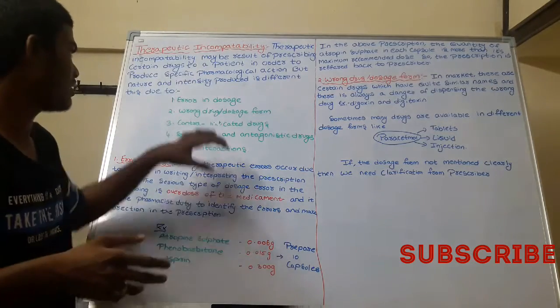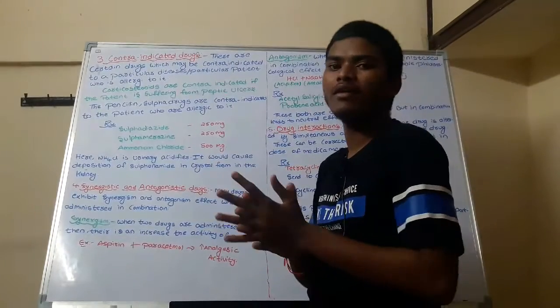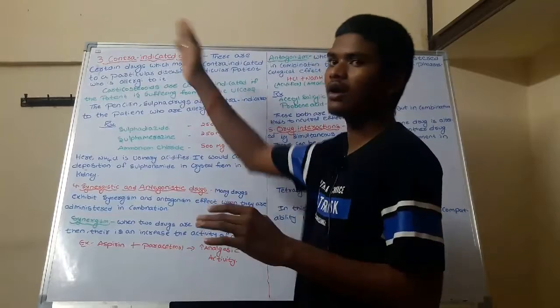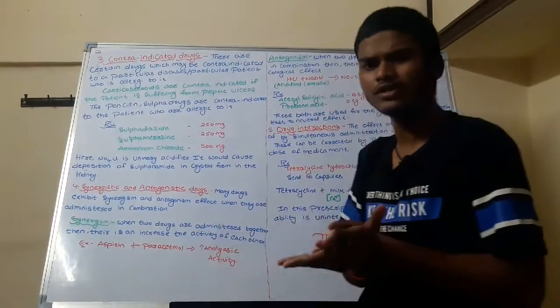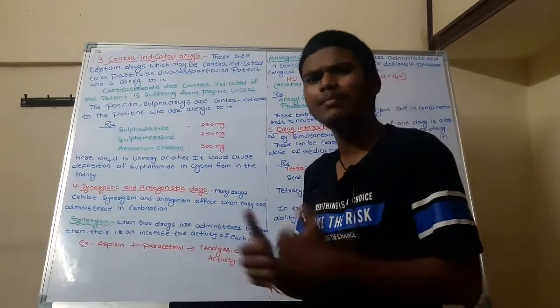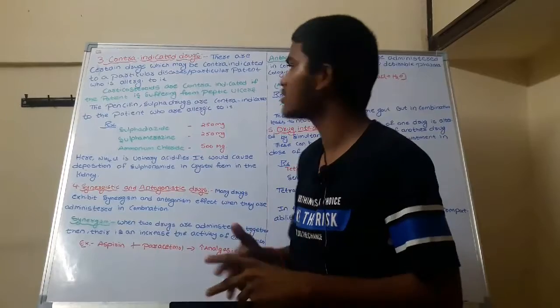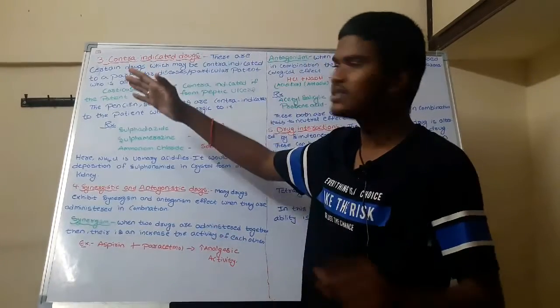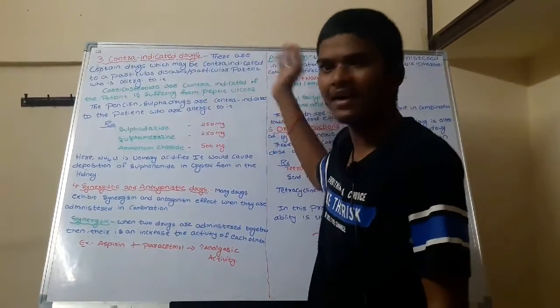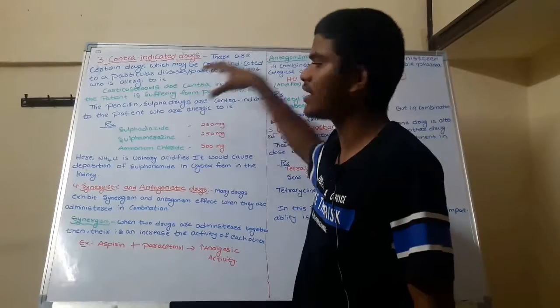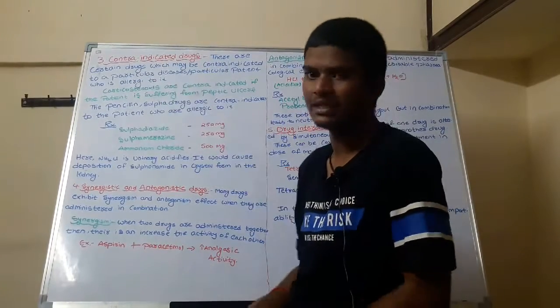Next, the third type of incompatibility is due to contraindicated drugs. What is the meaning of contraindicated drugs? There are certain drugs which may be contraindicated to a particular disease or a particular patient who is allergic to it.